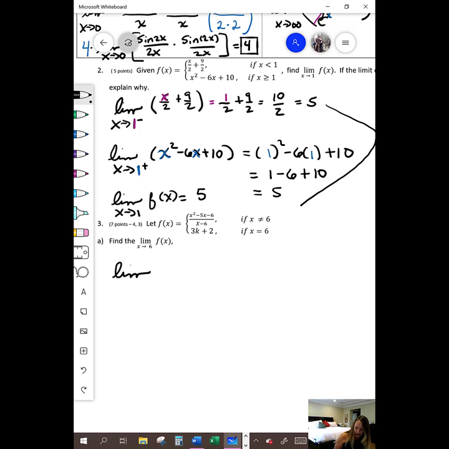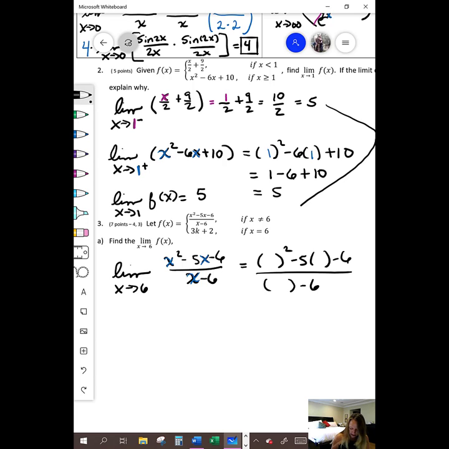So when I look at the limit as x is approaching 6 of x squared minus 5x minus 6 all over x minus 6, and we plug in a 6 wherever we see an x, we have 6 squared minus 5 times 6 minus 6 all over 6 minus 6. I notice I have 0 in the denominator.